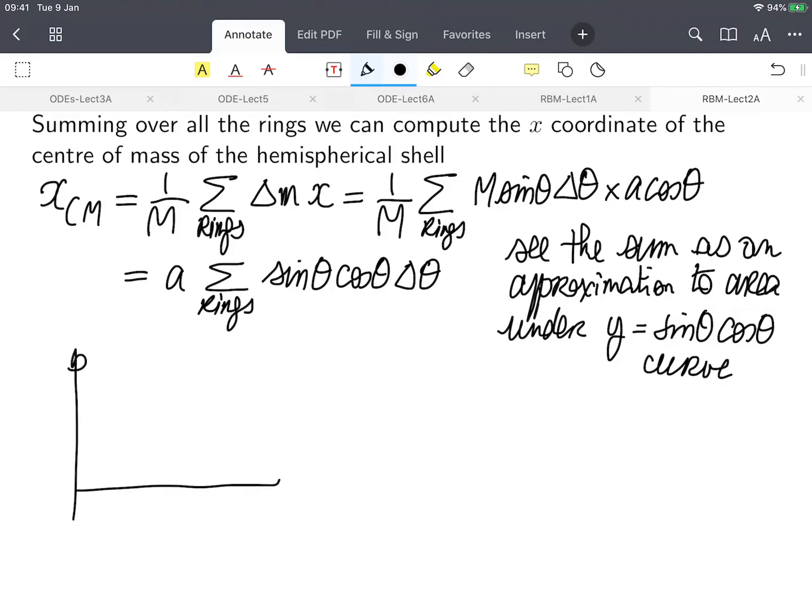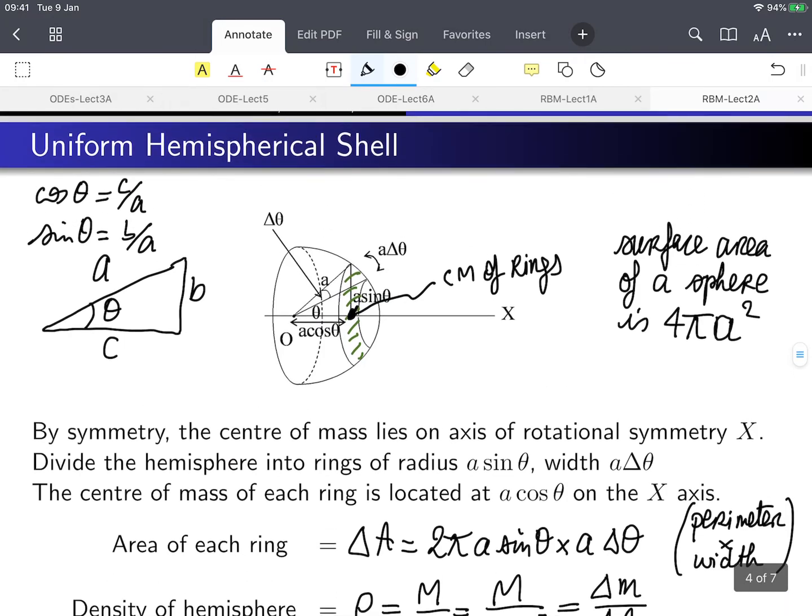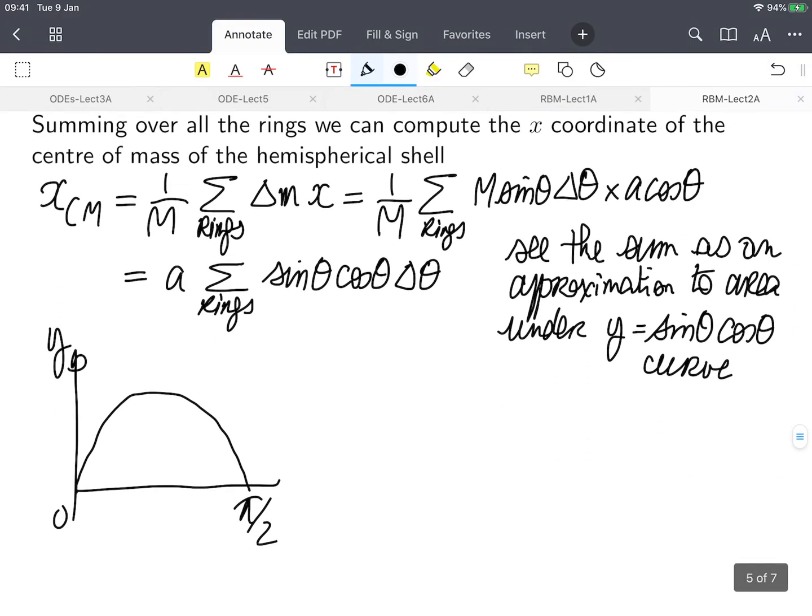Right here, I'm just going to plot y, which is sine theta cos theta. It's a function that goes like this from 0 to pi over 2. I forgot to specify here theta is between 0 and pi over 2. When theta is 0, I'm here, and then as theta increases, I go all the way to pi over 2. So that's my function y.